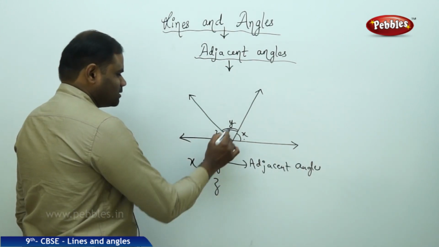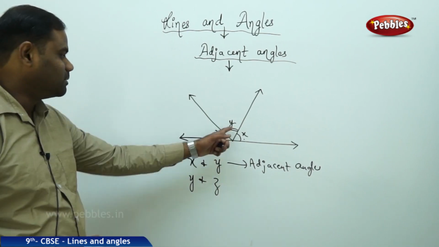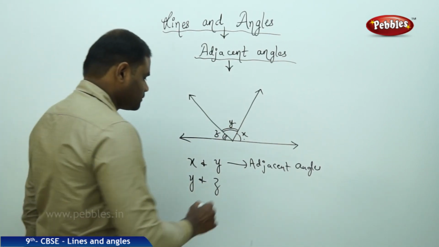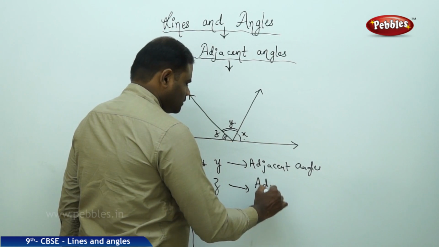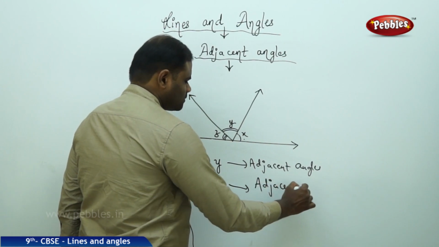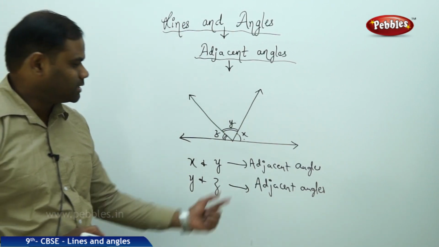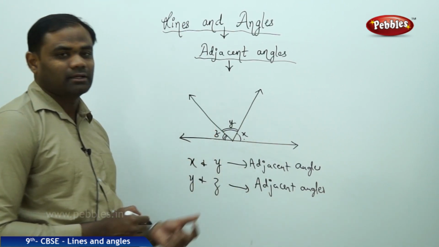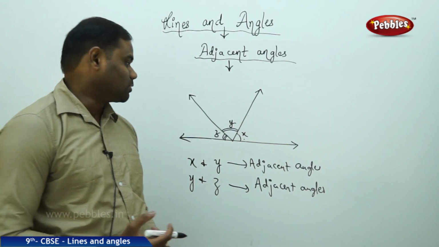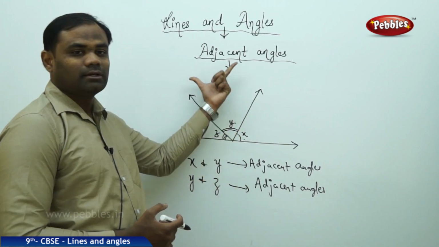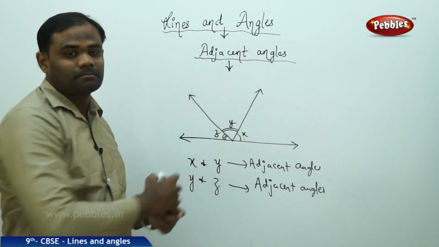Y and Z also are adjacent because they are beside each other. But this angle X and this angle Z are not adjacent, because they are separated by the angle Y, as can be seen.